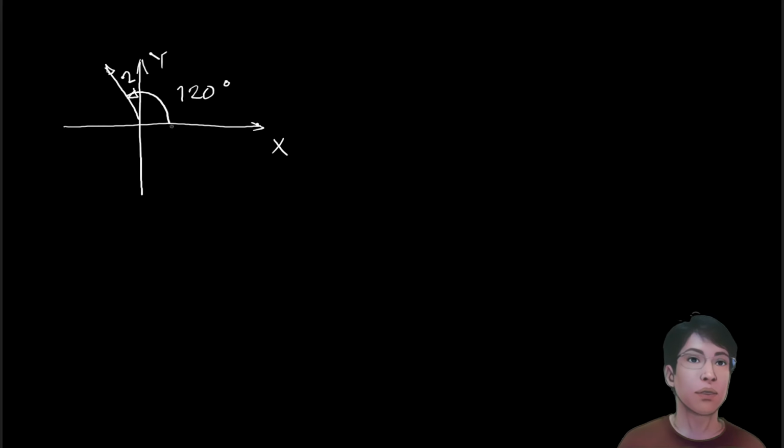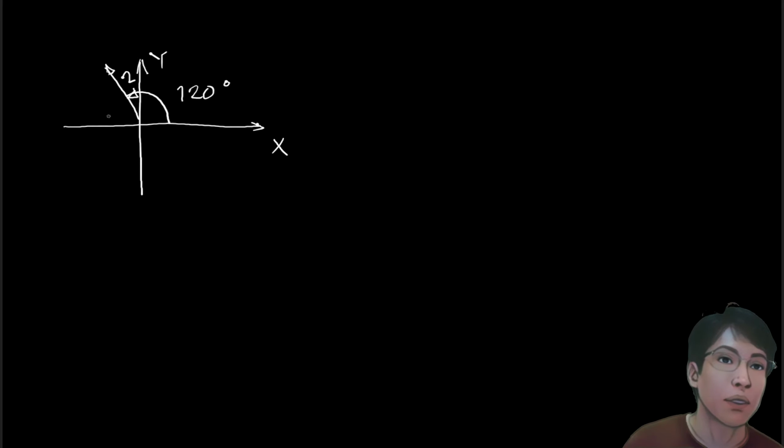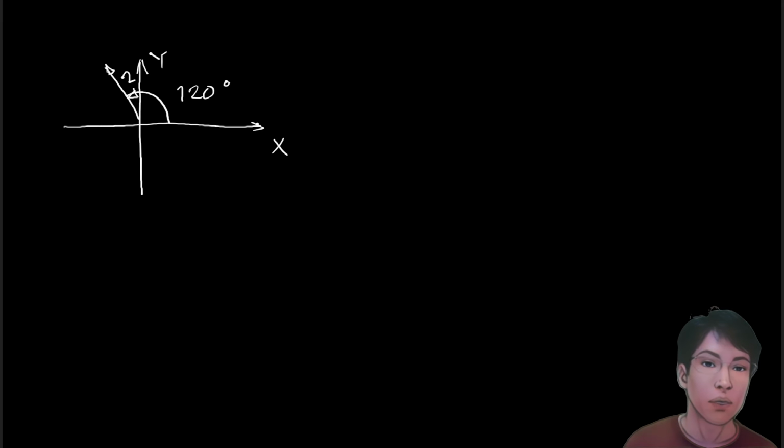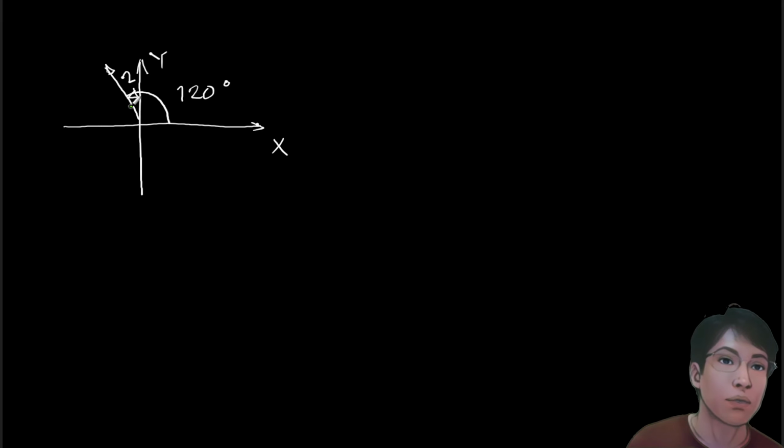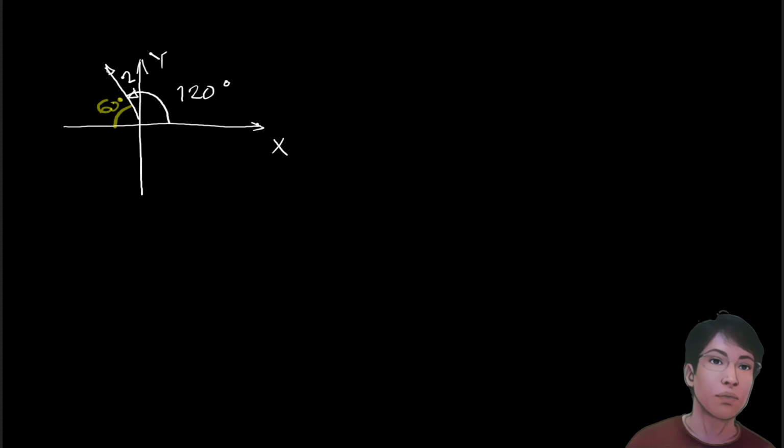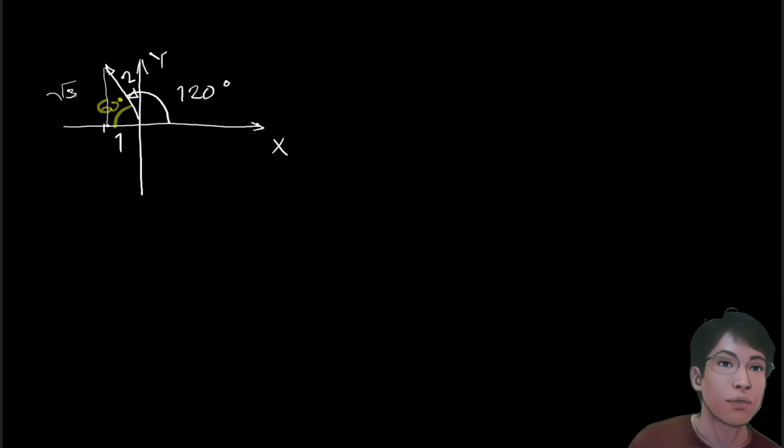So angle theta is 120 degrees. The reference angle this time will be 60 degrees. Now, if this is 2 and this is 60, then by the special triangle, we know that the x coordinate, the abscissa, is 1, and the height of the triangle is square root of 3.